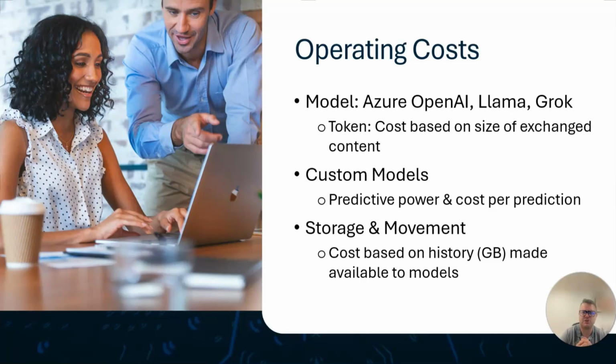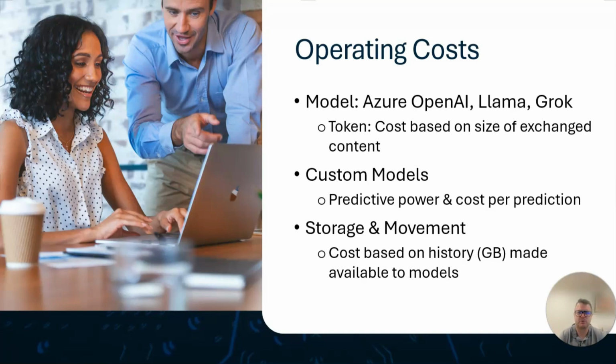Now, the majority of operating costs tend to be from tokens or tokenization. If you're using an out-of-the-box model from any of the popular providers like OpenAI, Llama, or Grok, the way that provider is monetizing that is through what's called tokenizations.